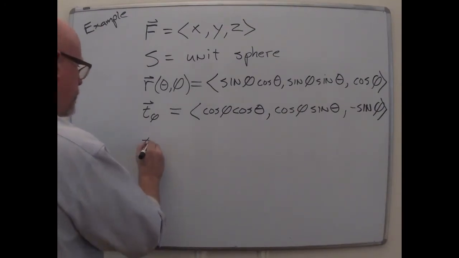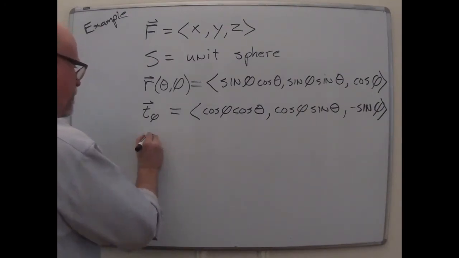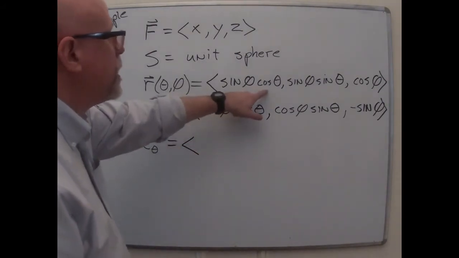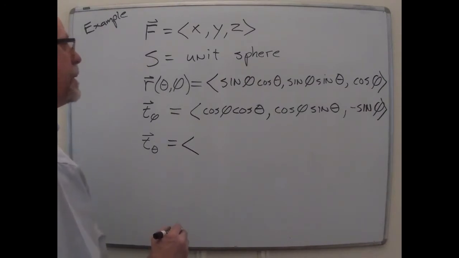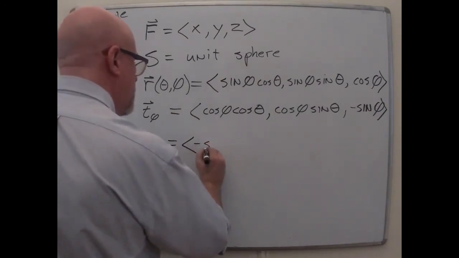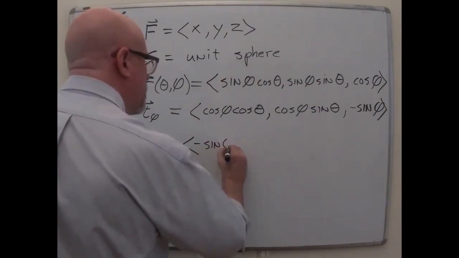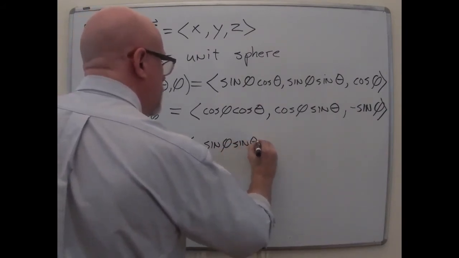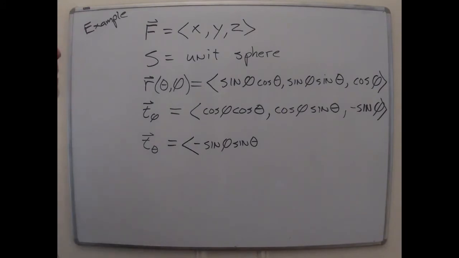A tangent vector for the theta direction is, what will that be? Cos theta becomes minus sine theta, so we'll get minus sine phi sine theta. Again, the sine phi in this case is going to be acting as a constant.